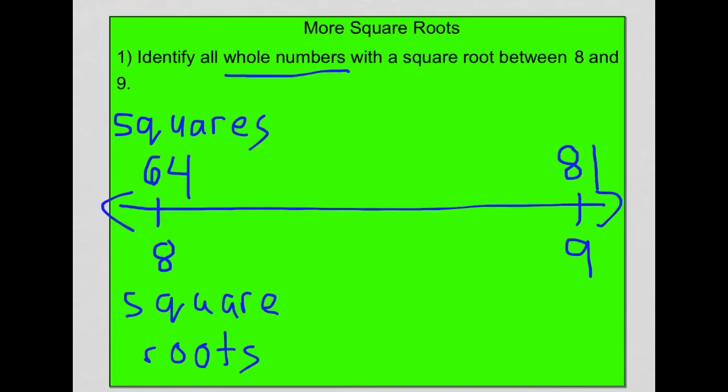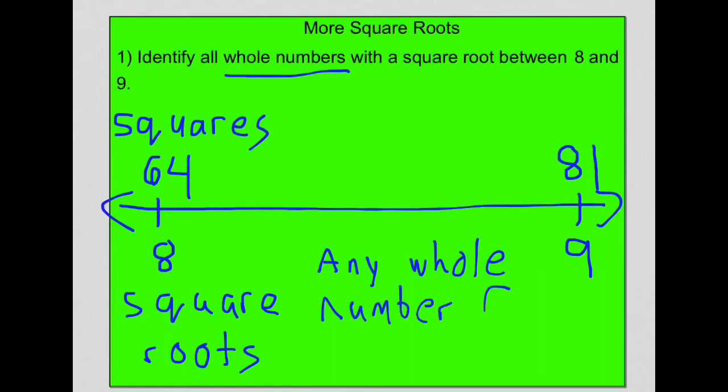So the answer here would be any whole number from 65 to 80. We don't include 64 and 81 because they would have a square root that's exactly 8 and exactly 9. So it's sort of working backwards to get the answer here.